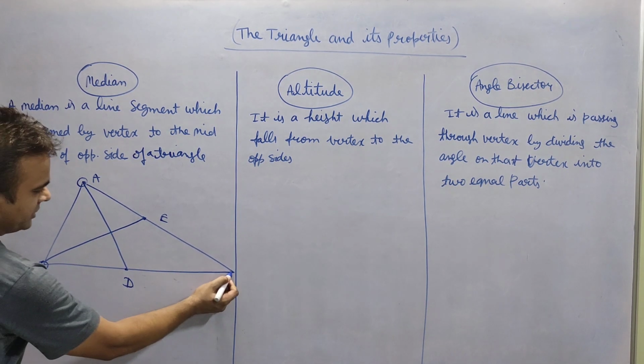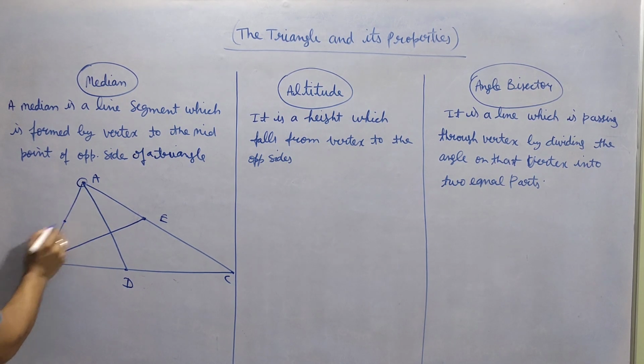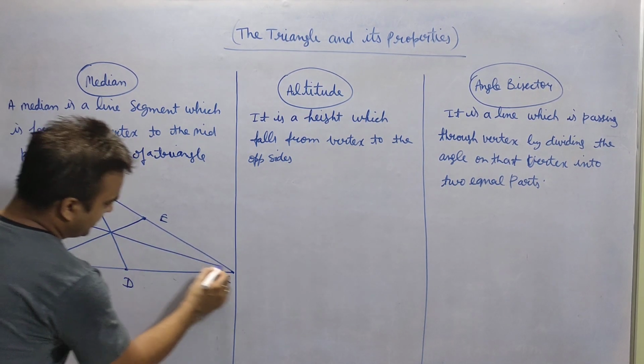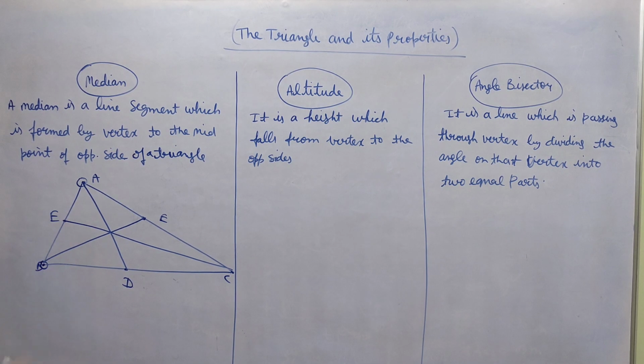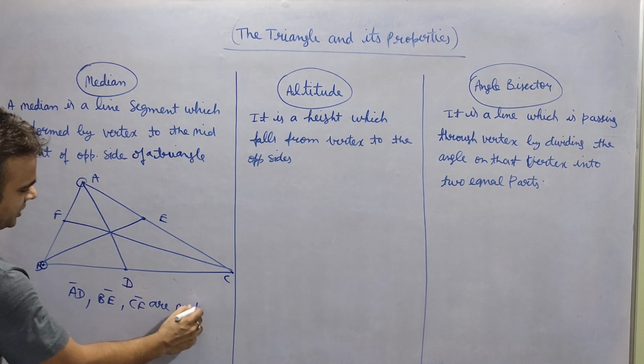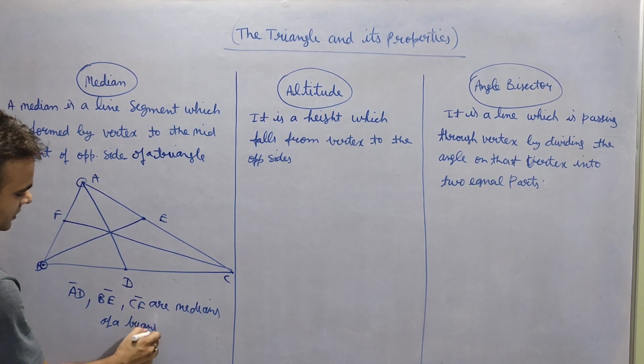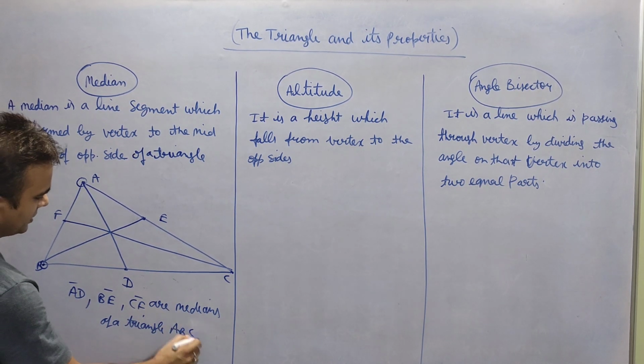If we have to join from C, we have to take the midpoint of AB. In that case I will join this F. So in this case, if you see, this is F, so I will say that AD and BE and CF are medians of triangle ABC.